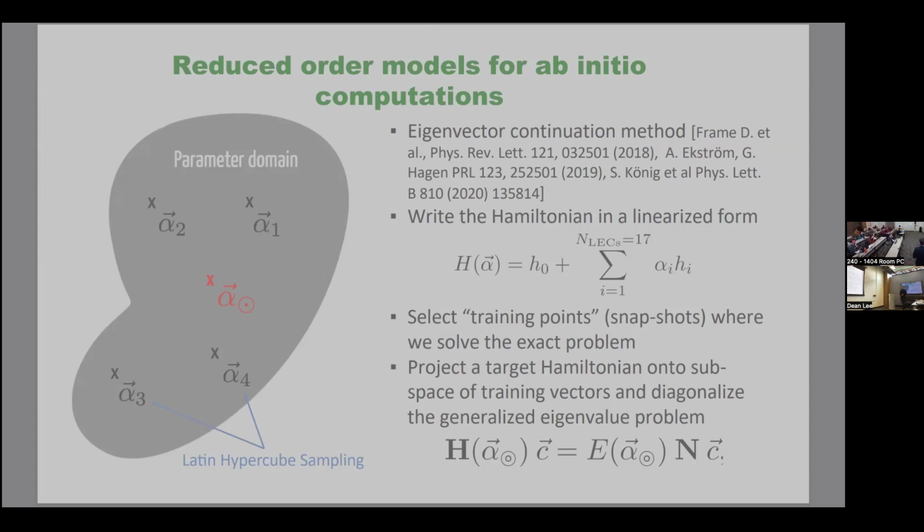And you can then very quickly evaluate observables for any target value of the Lorentz constant, because it just amounts to diagonalization of a very small matrix of typically not more than 100 by 100. So you can easily evaluate any observables within this limited subspace, for example, on your laptop.